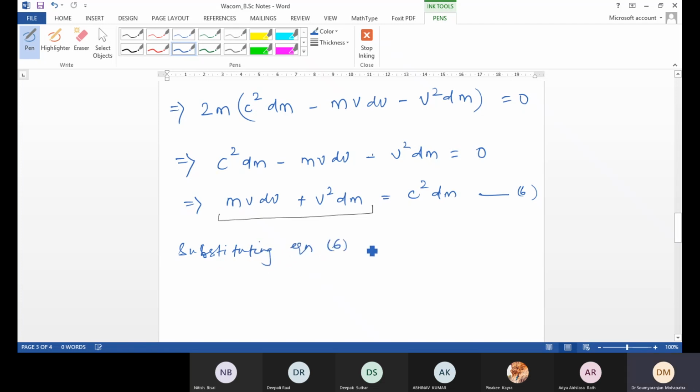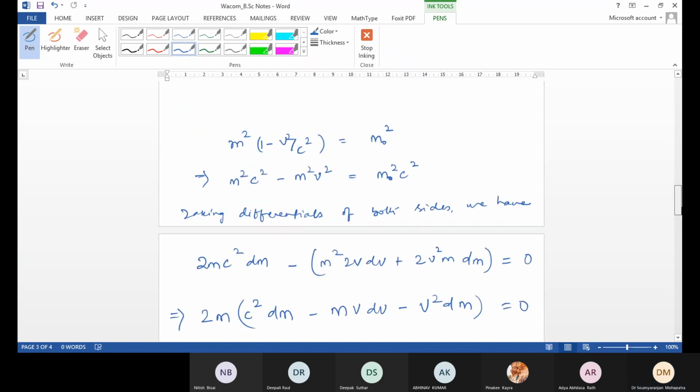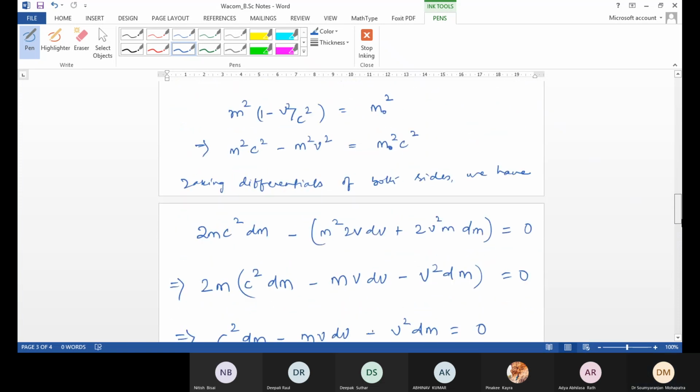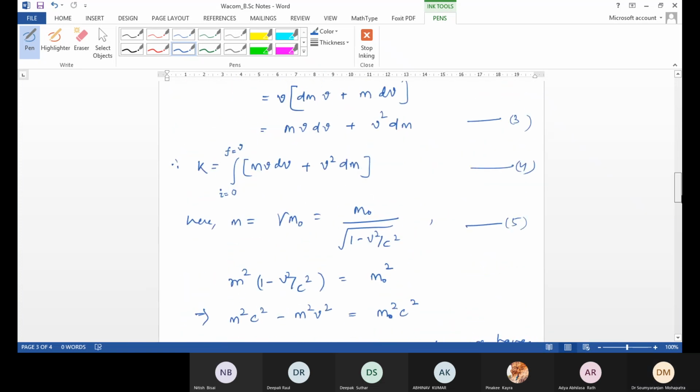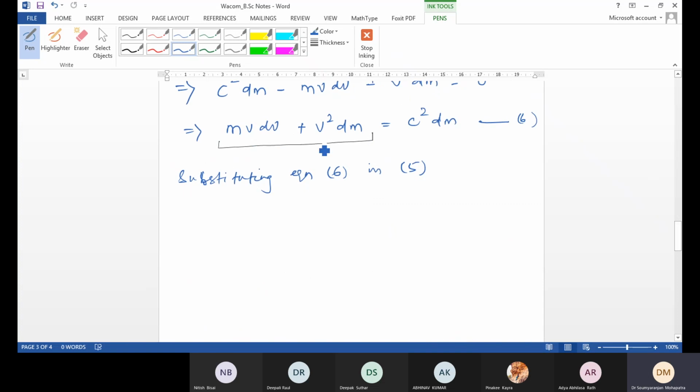Substituting equation 6 in 5. You see this part, the first and second term, or you can say LHS, is the same as equation 4, not 5. So if you substitute, what will you get?